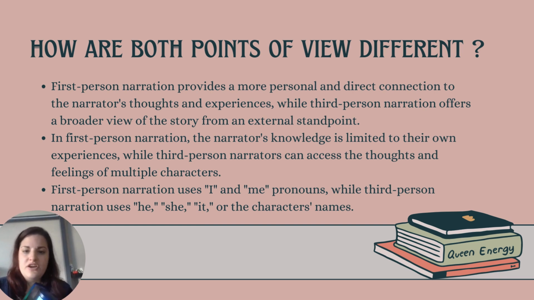Finally, first person narration uses I and me pronouns, while third person narration uses he, she, it, or the characters' names. This isn't always going to be true. For example, sometimes you have a non binary character who uses they as a singular pronoun. So you have to know tips and tricks to try and figure this out without fully relying on just pronouns.